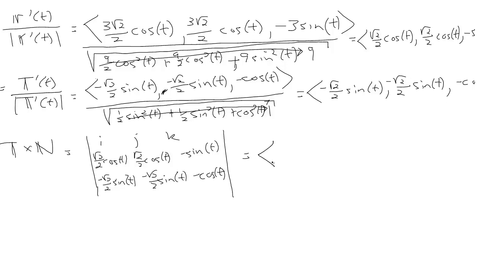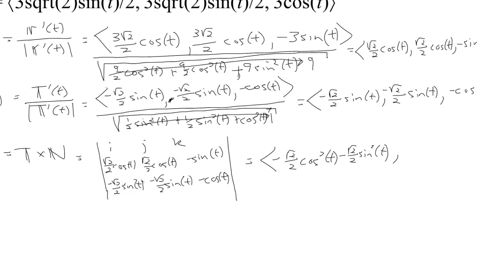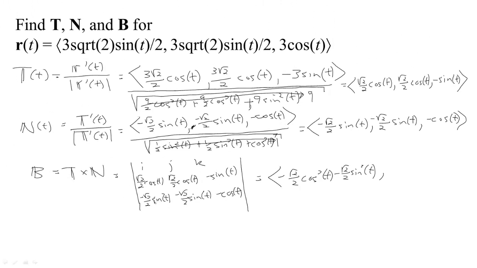So when we do the cross product, we get i times negative root 2 over 2 cosine squared t, minus root 2 over 2 sine squared t, and then for the j, we get a plus sine squared and a plus cosine squared.